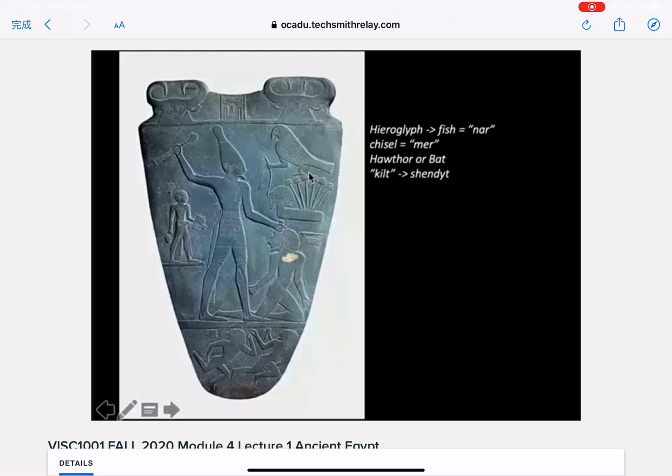If we go to the central register, King Narmer is the largest figure according to hieratic scale, and he is shown raising a club or mace while he grips the scalp of his opponent, who kneels in submission.